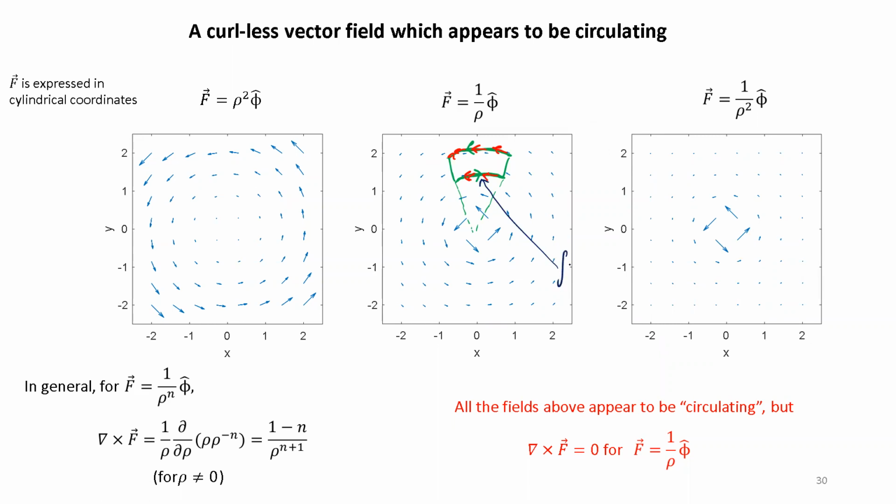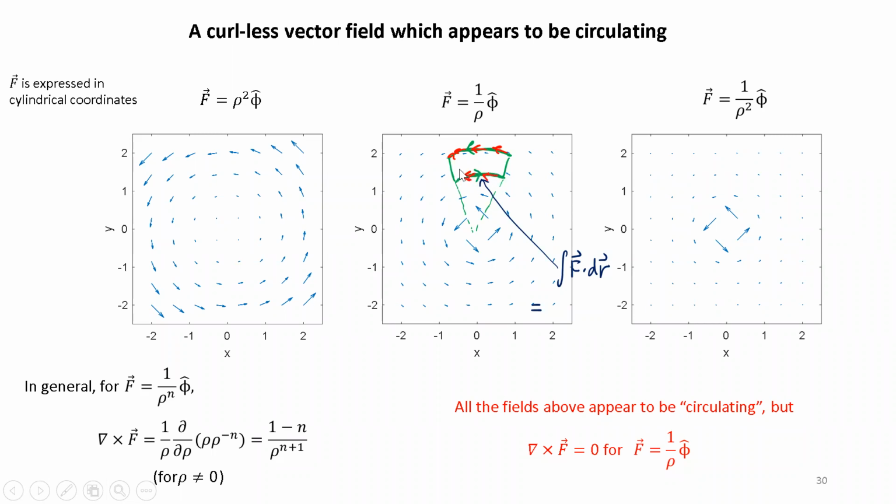The F dot dr is actually just equal to the magnitude of the force times the length of this arc.